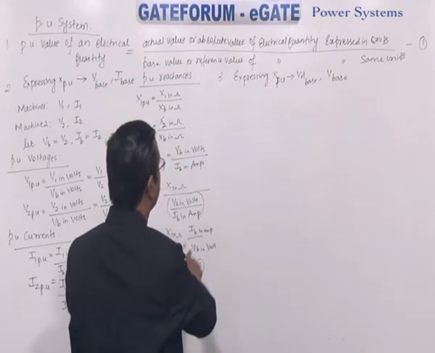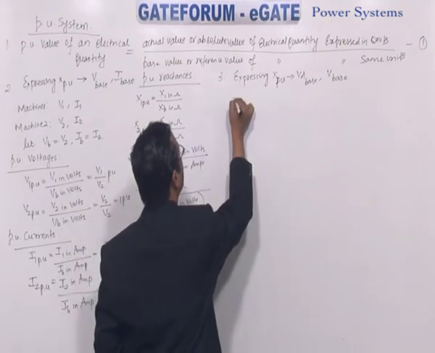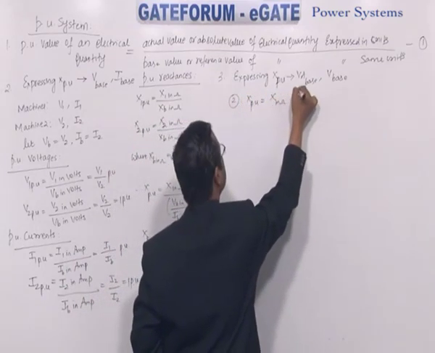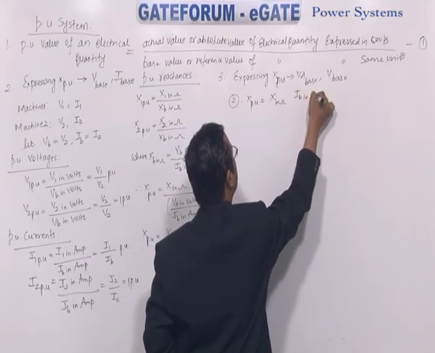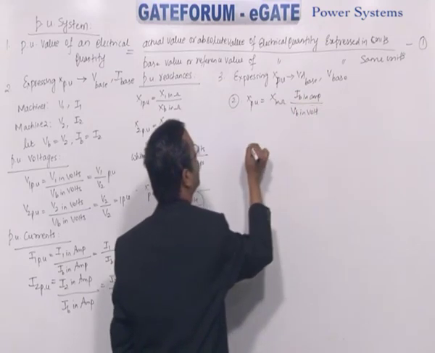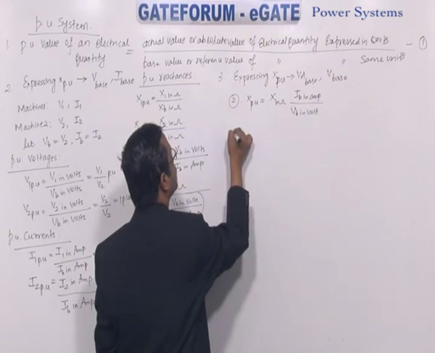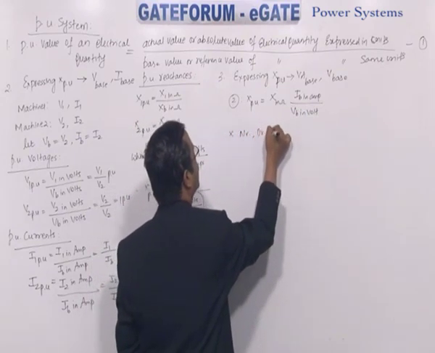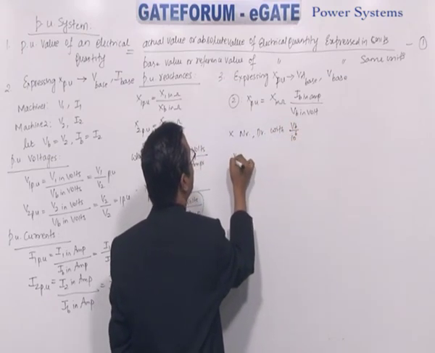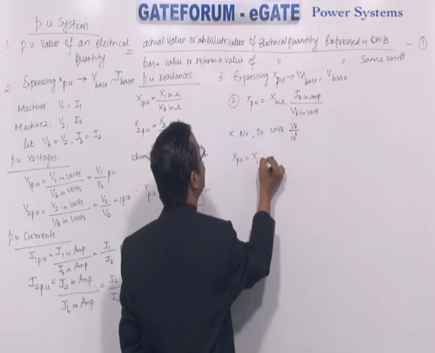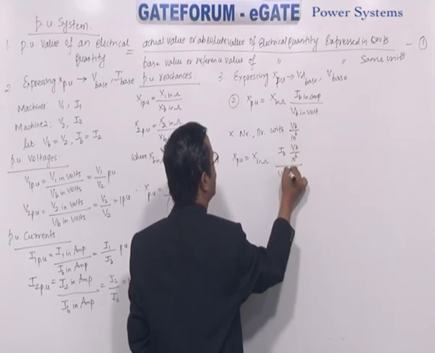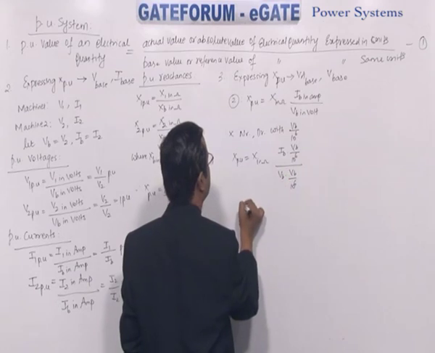So for that we consider the second equation. What is X per unit? X in ohms, base current in amperes by the base voltage in volts. What you will do is you multiply in both numerator and denominator with VB by 10 power 6. So what is X per unit? X in ohms, base current into VB by 10 power 6, and here again VB by 10 power 6.